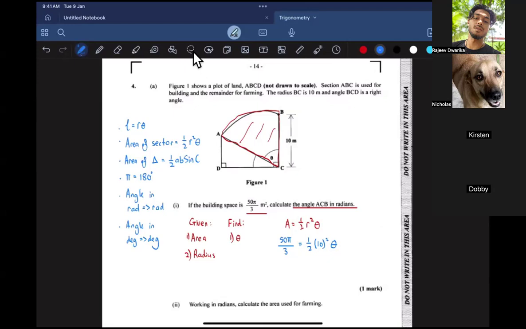We're doing this question on the board. Let me know if you have to solve for theta, if you could make theta the subject of the formula, and if you're able to find theta.